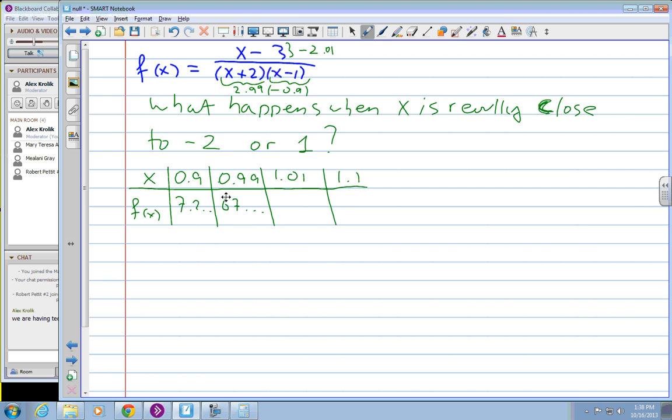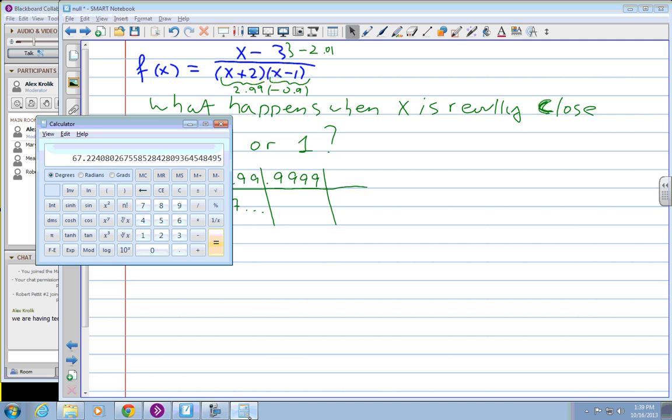And if I get even closer, if I try 0.9999, just for fun, what do you think will happen? It will be even bigger. The reason is that the closer you get to 1, the closer one of your factors gets to 0. If one of the factors is 0, that means the denominator is very close to 0, and if you're dividing by numbers that close to 0, you're going to get really, really big results.